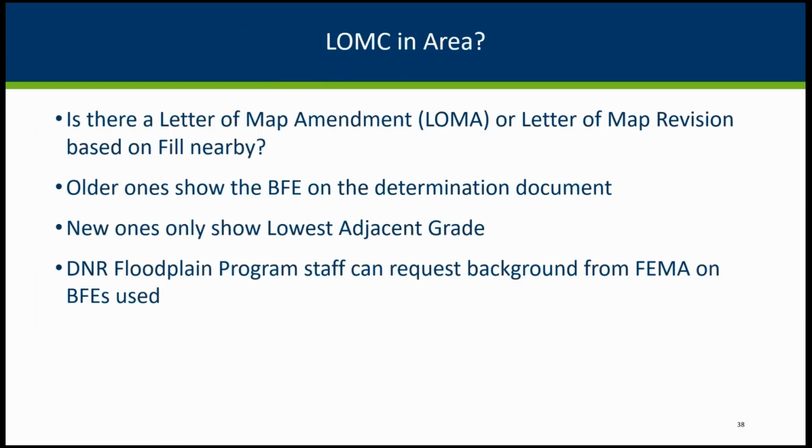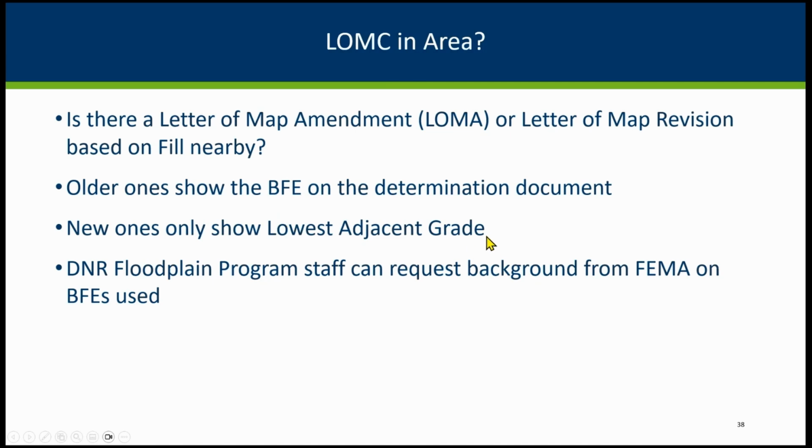Another source of information for A zones is, has there been a letter of map amendment or letter of map revision based on fill done? The older ones do show the base flood elevation right on that determination document. Newer ones, starting probably 10, 15 years ago, FEMA, for whatever reason, stopped showing the BFEs on there, but they still show the lowest adjacent grade.